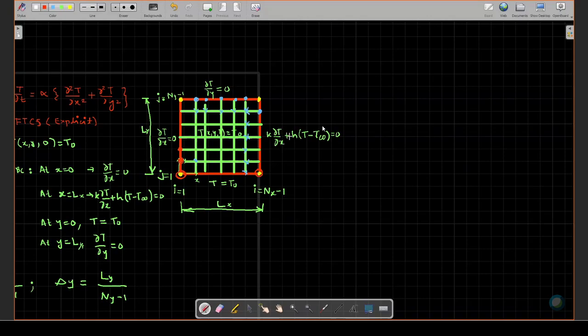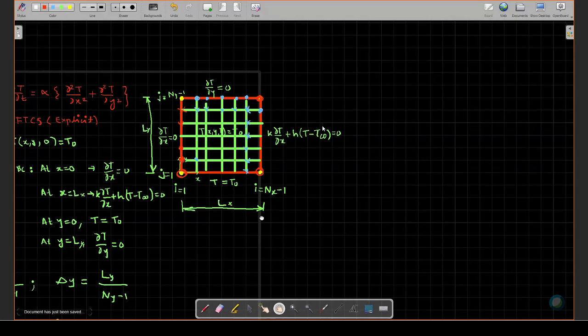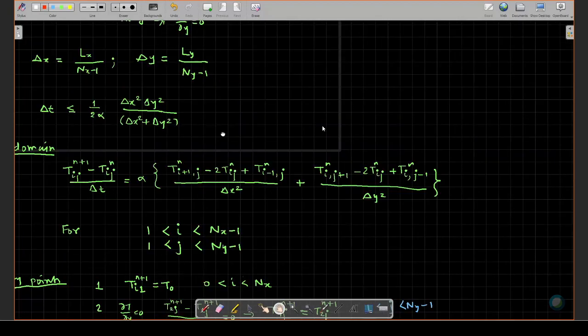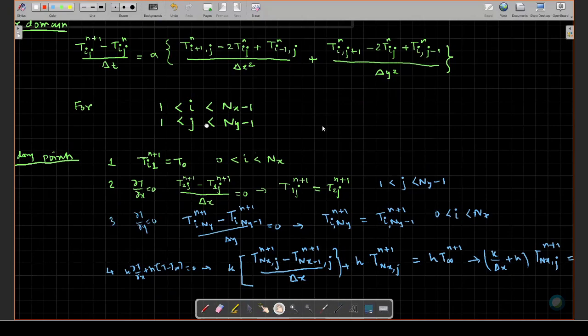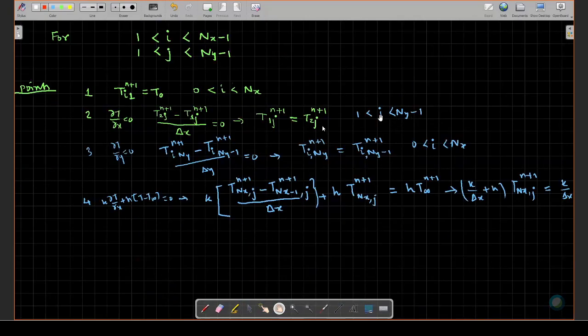k del T by dx plus h T naught is here also. Here, see, at this point also we have two boundary conditions. So either you take one for this point and the other for these points. That is how we are moving for boundary conditions. So for y cases, whenever there is a y case like this, we are moving from 1 to 2 to ny minus 2.